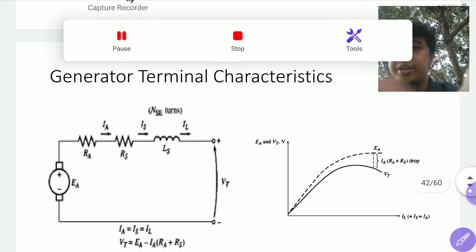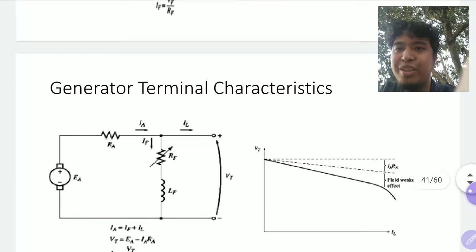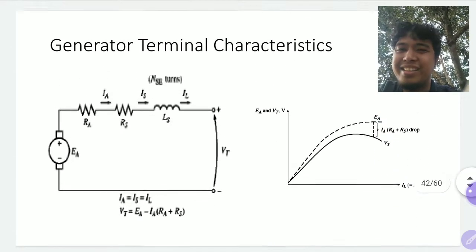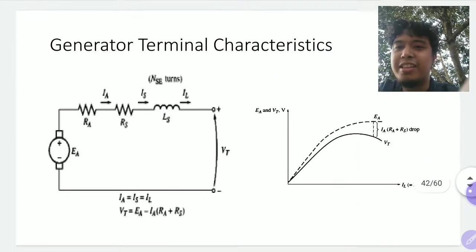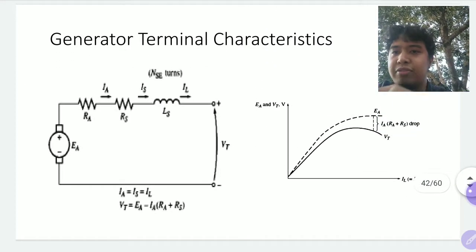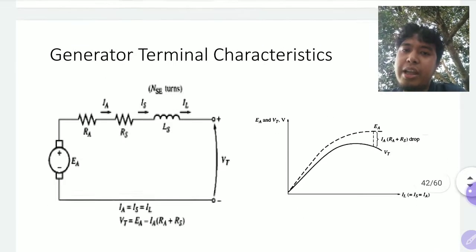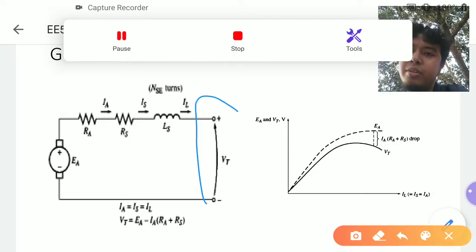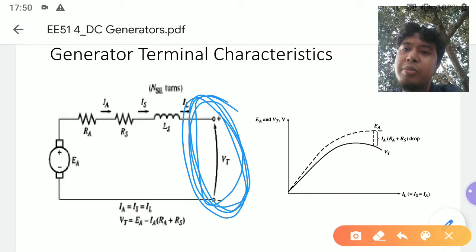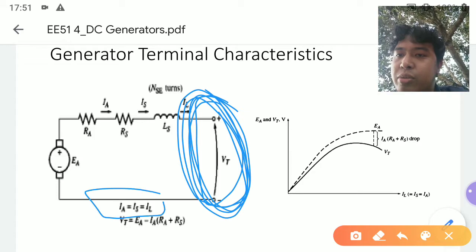Then this one is interesting. This is not the same as shunt and separately excited, because in this case, if these output terminals are not loaded, that also means that IL is 0, and essentially IL is equal to IA.